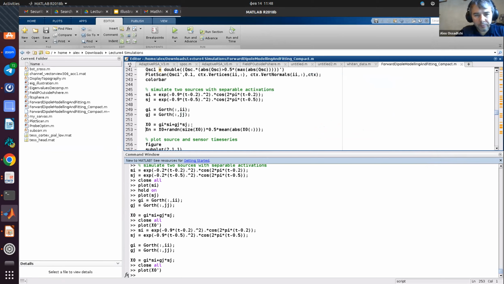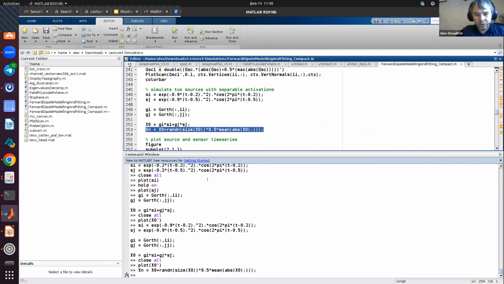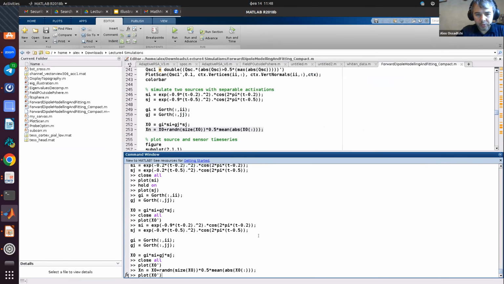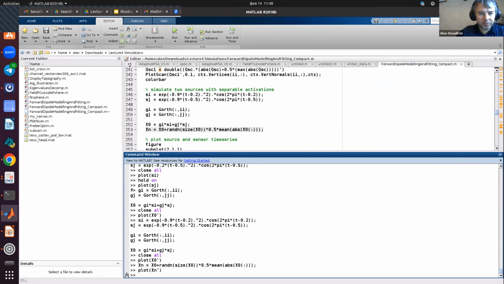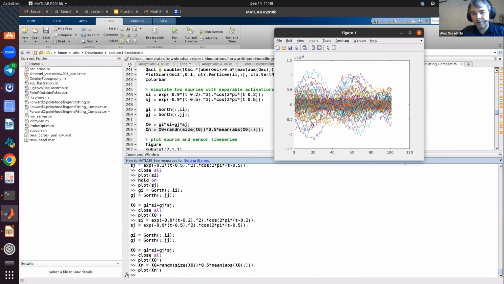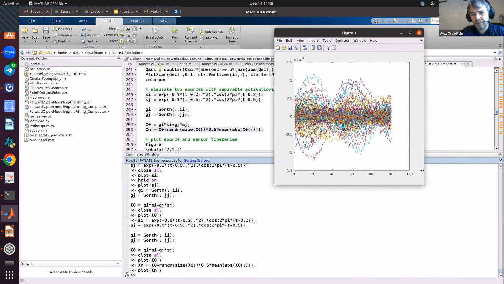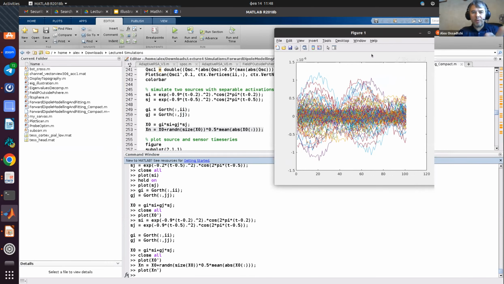And then, of course, you can add noise to it. You can plot now the noisy time series. Here is how they look. This is a reasonable amount of noise. This is usually how much you have in ERP data. Sometimes they're cleaner, sometimes less clean, but this is on average.